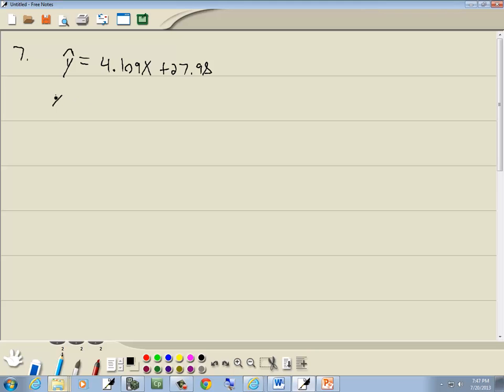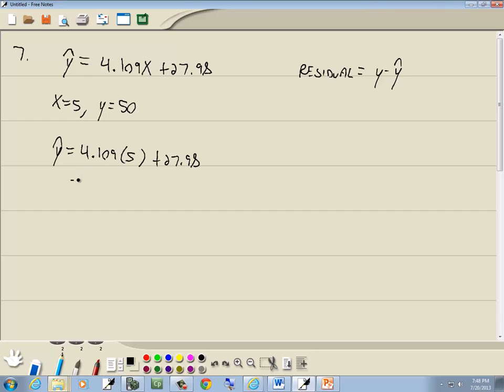So we're looking at x is equal to 5 and y is equal to 50. Now remember, our residual is equal to y minus y hat. Well, y we already know it's 50, but we need to find y hat. Well, to find y hat, what we're going to do is we're going to plug 5 in for x. So we've got 4.109 times 5 plus 27.98.